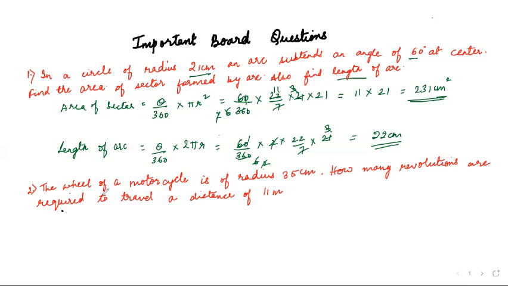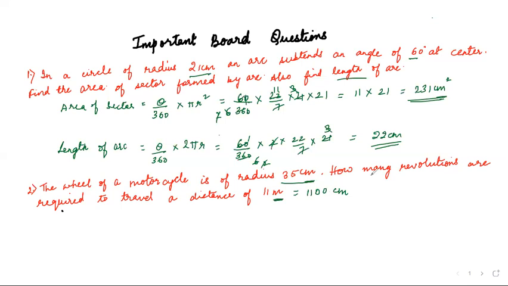Now the next one is: the wheel of a motorcycle is of radius 35 centimeter. How many revolutions are required to travel a distance of 11 meters? Now this is meters, this is centimeter. First thing is your units should be the same. So 11 meters I can convert to centimeter: 11 into 100, 1100 centimeter.